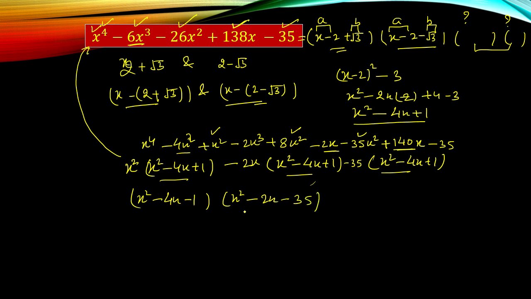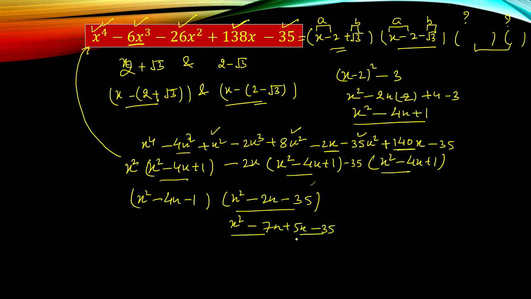So this is the product of the first two polynomials. We have this one already, and now this is again a quadratic polynomial, and this is the product of the remaining two factors. Now if we split the middle term, we will get the remaining two factors. Going for the same, x square minus 7x plus 5x minus 35.